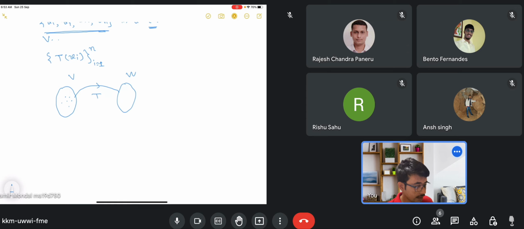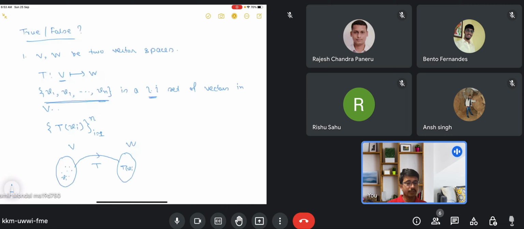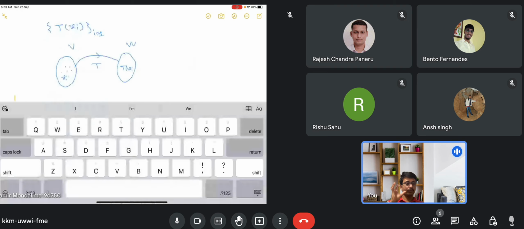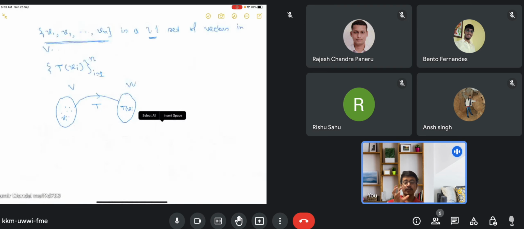We are looking for the image of each Vi, the n linearly independent vectors, under this map T, and we are taking the collection of these images.